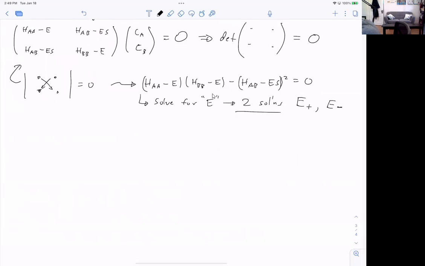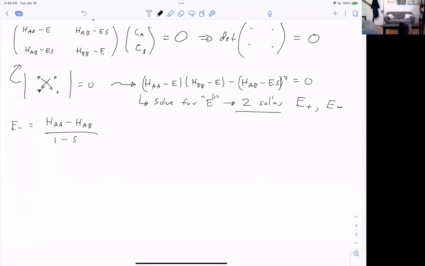Okay, so here are the two solutions. I'm going to have E minus is equal to H A A minus H A B divided by 1 minus S. And so that's an eigenvalue.